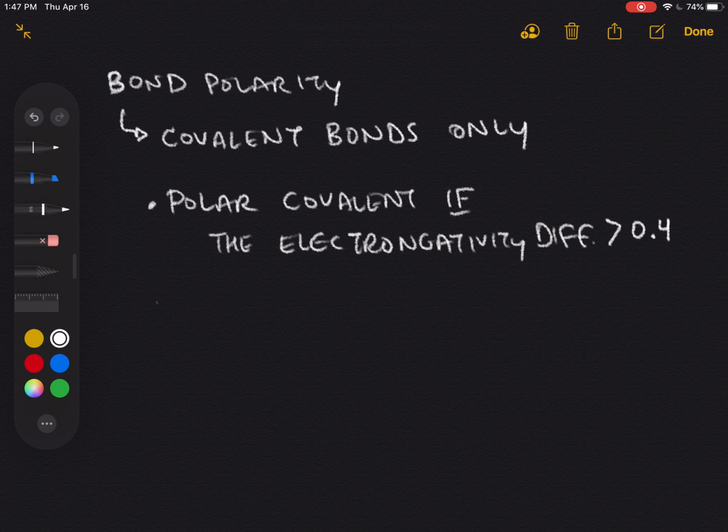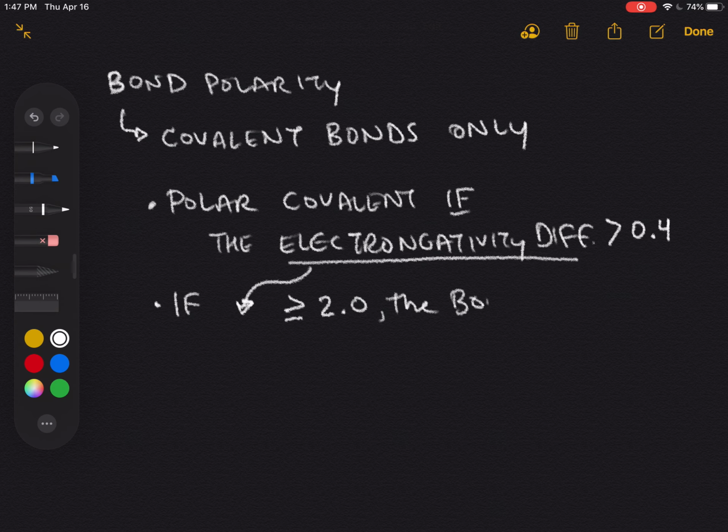If the electronegativity difference is greater than or equal to 2, the bond is ionic. Anyhow, that's how we define those things.